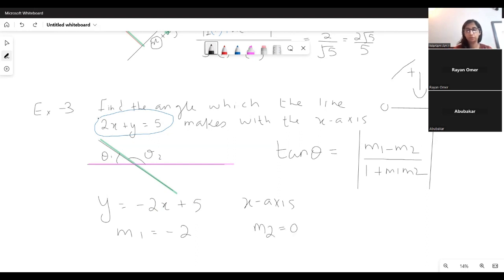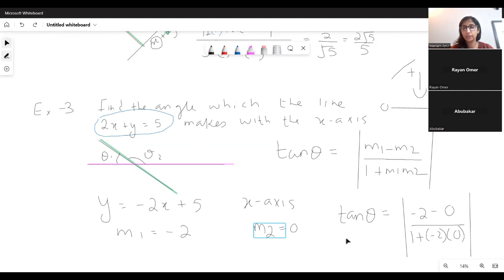So m2 is 0. Okay, so we have tan theta equals modulus of m1 minus m2. So minus 2 minus 0 over 1 plus m1, which is minus 2, times m2, which is 0.